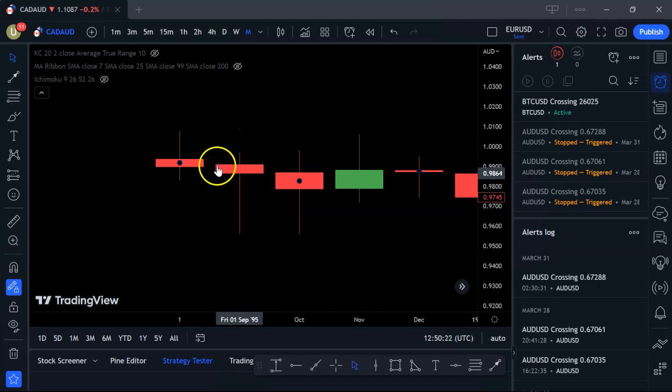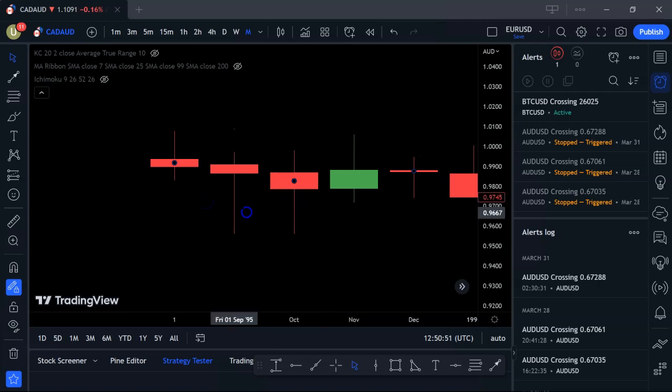So the market opened here and at the end of the day closed here. With reference to this first candle, the market closed below the closing price of the previous candle, and that is why this candle is red. Just follow me, we will come to the green ones. Let's analyze the next candle.